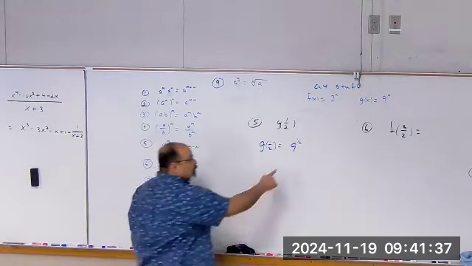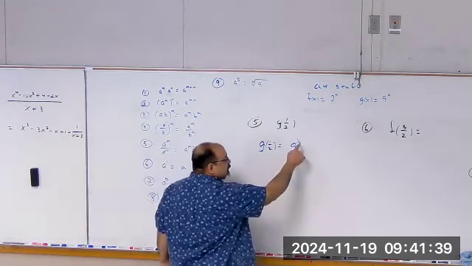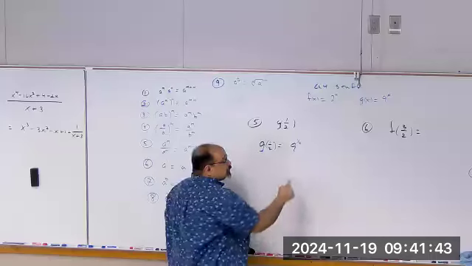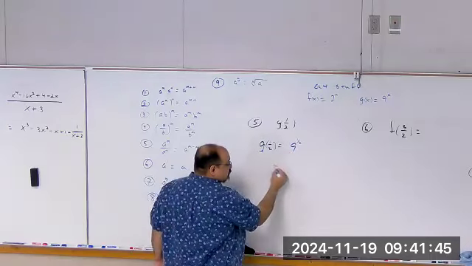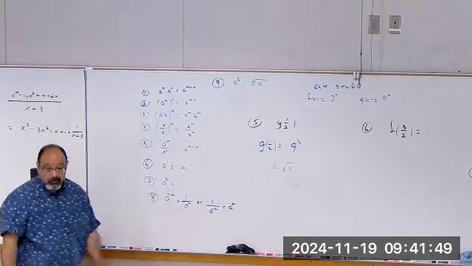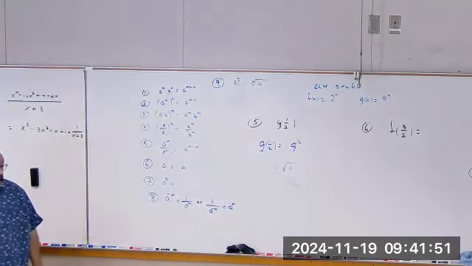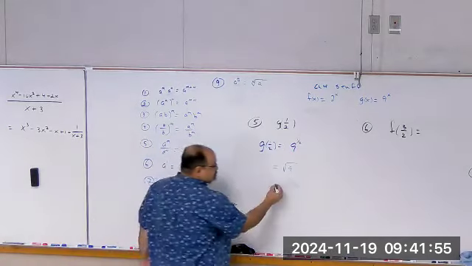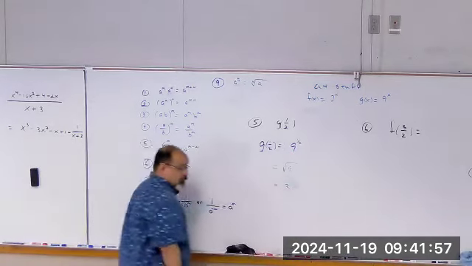So 9 to the 1/2 is the second root, which is square root of 9. You don't put a 2 on a square root. So square root of 9 is what? Just 3.